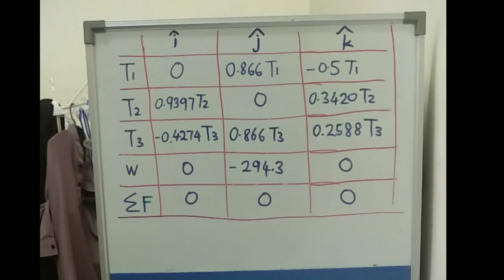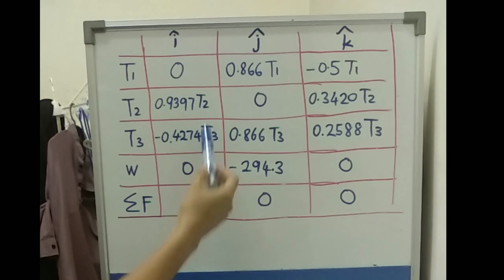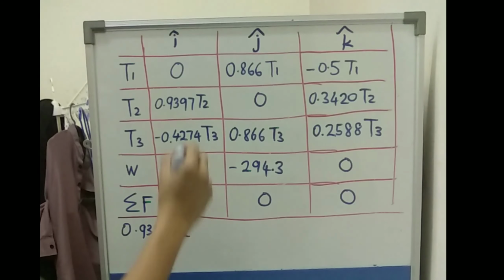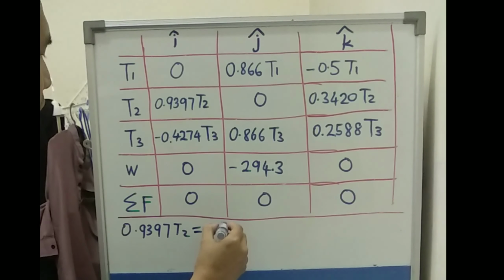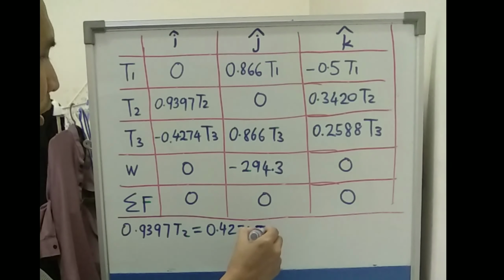From the summation of the I component, we can get the relationship between T2 and T3: 0.9397 T2 equal to 0.4274 T3.